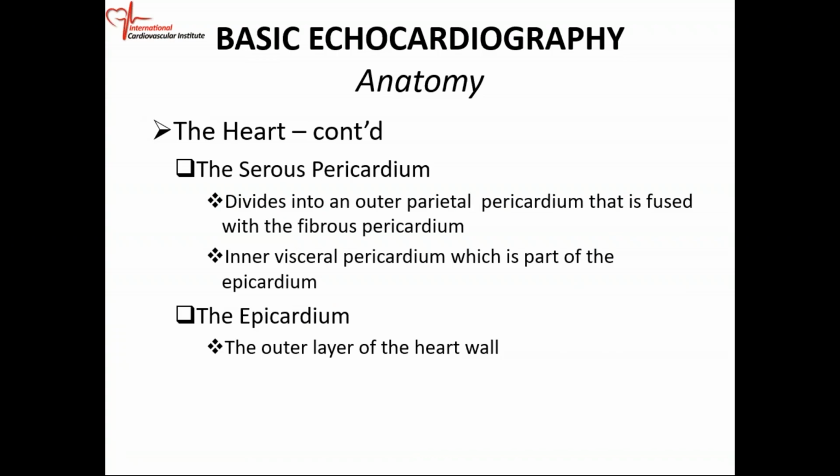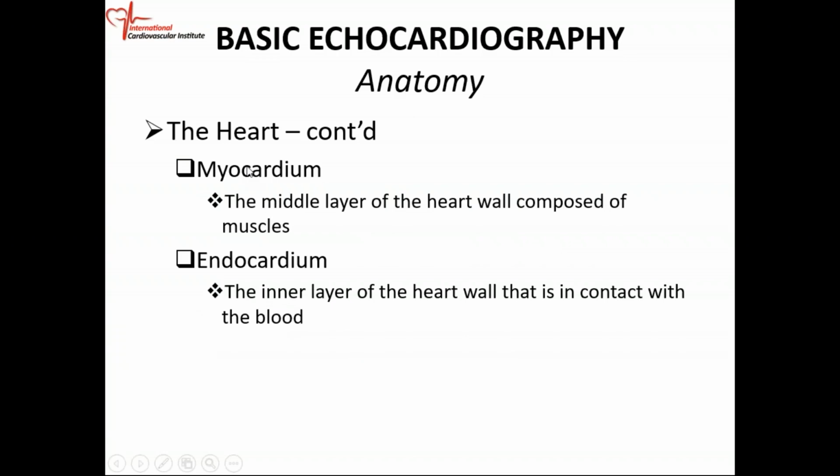Remember, the pericardium just covers the heart, but when you get to the heart itself, there are three layers. The outermost layer is called the epicardium. Epi usually means outer, and then the myocardium is the middle layer. Myo means muscle. Cardium means heart. So this is the heart muscle. The heart muscle is called myocardium. That's the middle layer of the heart wall, which is composed of muscle.